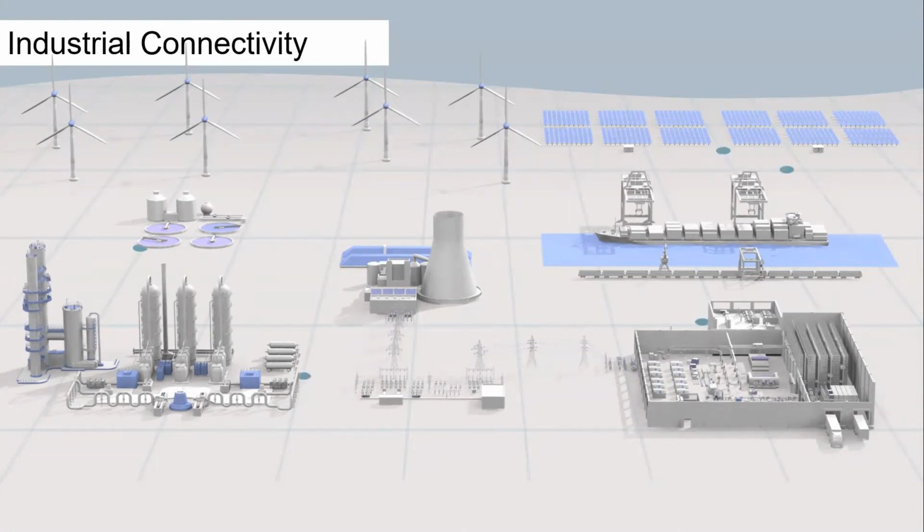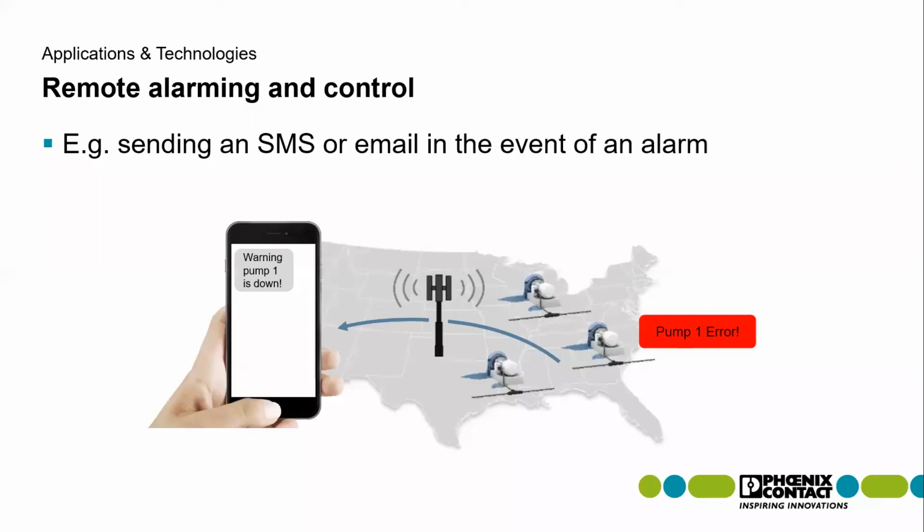And there's a variety of different applications and use cases for this longer distance remote connectivity. The first of which, and maybe the most simple, is some basic remote alarming and control. So in this example, there are some generic looking water pumps out in the field. If there's ever some kind of event, something goes wrong, maybe you just want a text message or an email sent out to a group of regional technicians so that whoever's closest can go troubleshoot the issue.